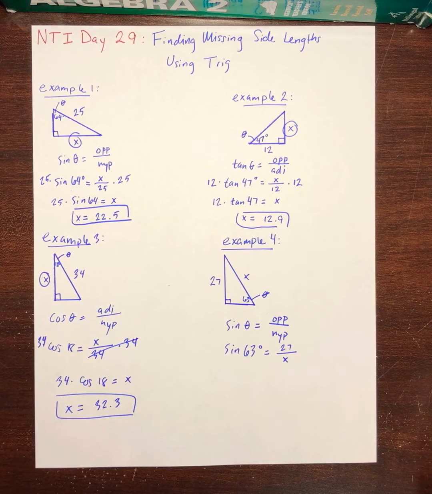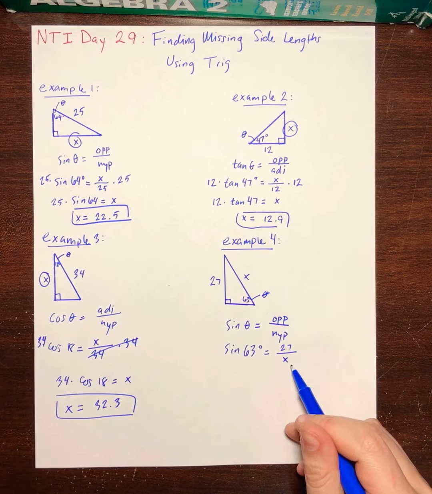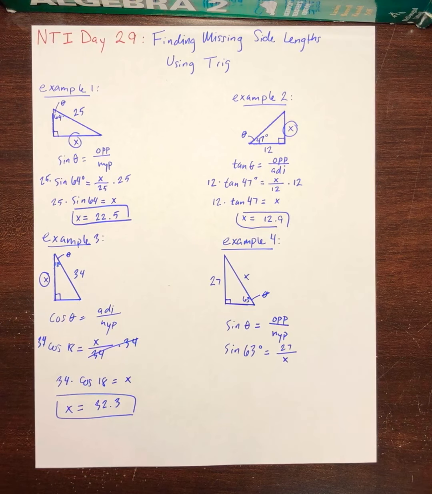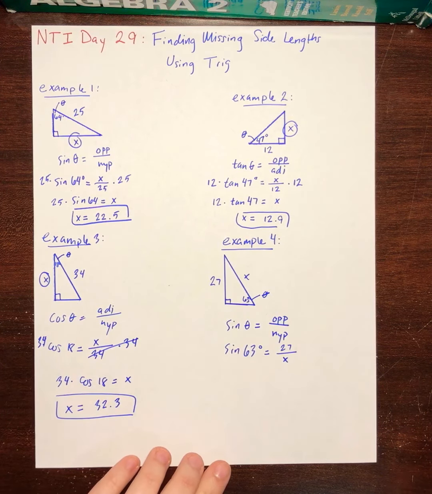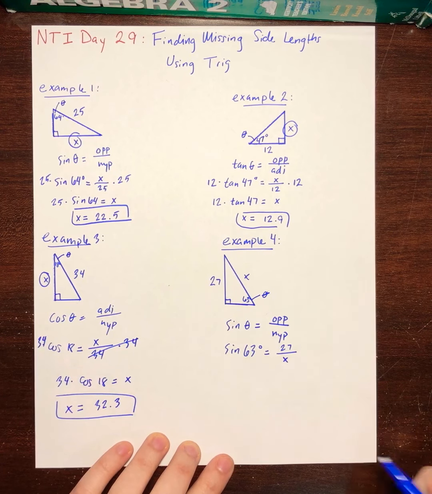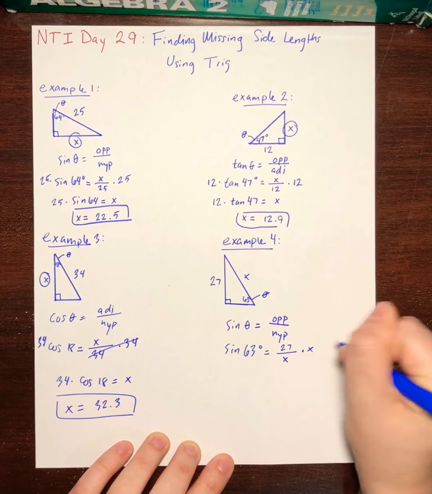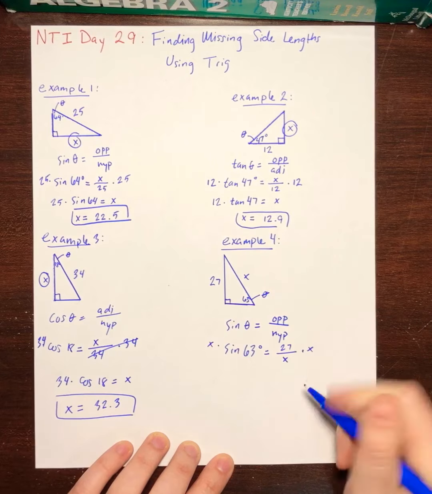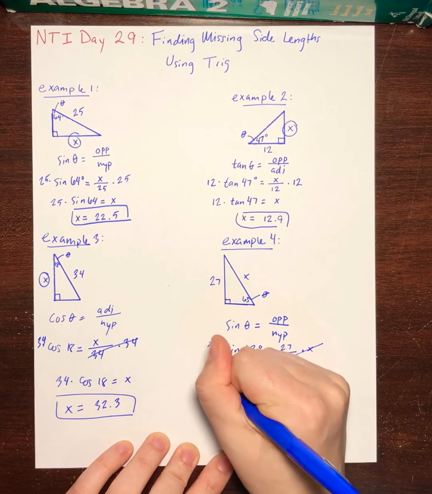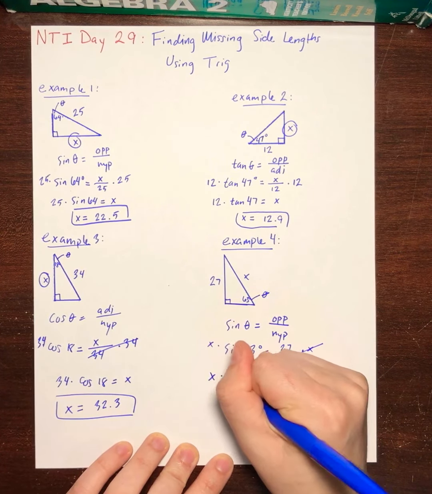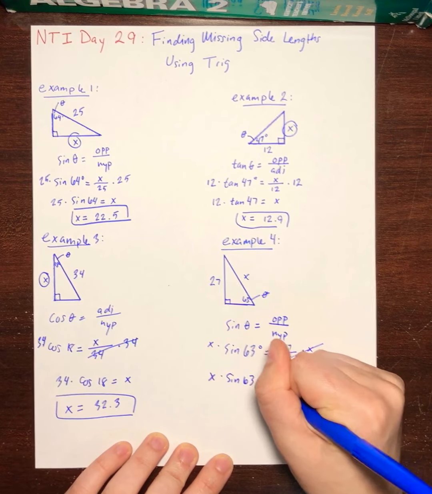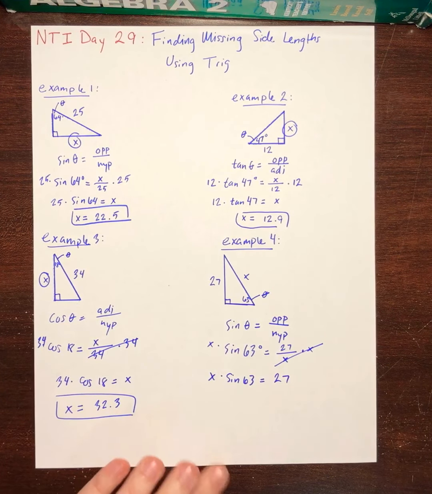Now the only thing that's really different about this one is that the x is on the bottom instead of on the top, which means we're going to have a little bit of an extra step. So we want to get x alone, but first we need to get it out of that denominator. So I'm just going to multiply by x on both sides, because that'll cancel that out. And we'll have x times sine of 63 equals 27. But we still need to get x alone. It's not done yet.